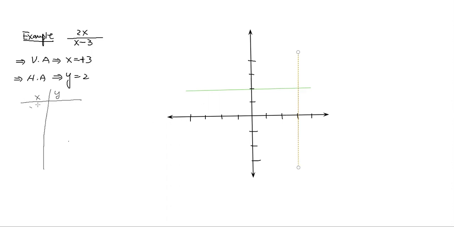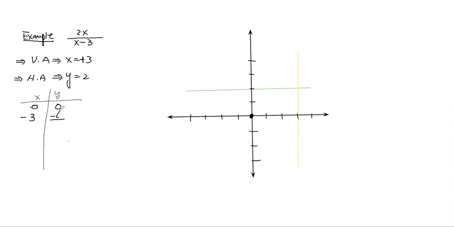So we can choose a few points to decide what my curve looks like. First, let me choose x equal to 0. Then y equals 2 times 0, so y equals 0. So I have a point here, (0, 0). Then let's choose x equal to negative 3.